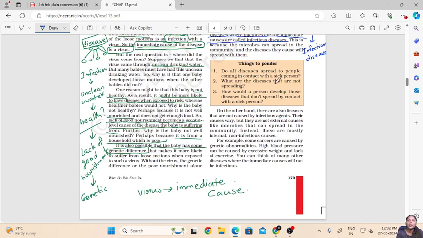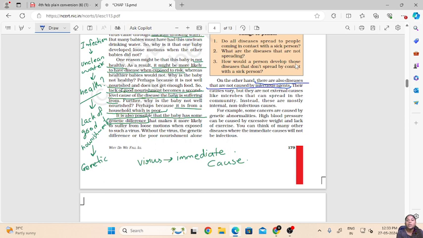Then on the other hand, there are also diseases that are not caused by infectious agents, right? There are some other diseases which are not caused by infectious agents, and which are not transmitted by touch or anything like that. Their cause varies, but they are not external causes.